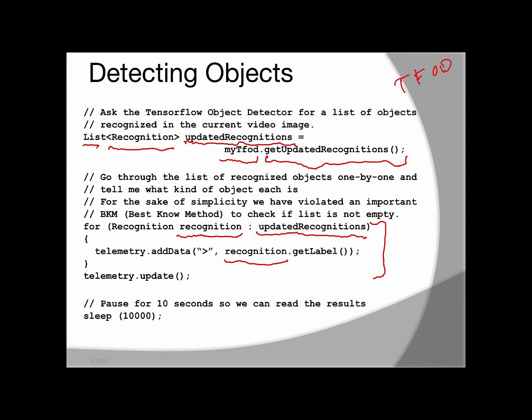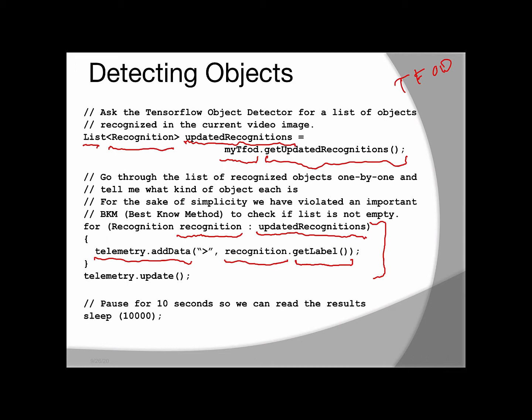And the thing that I'm going to ask for is recognition, tell me what your label is. And the label on that first recognition is going to be silver mineral. And so then I'm going to add that to the telemetry information that I'm sending to the robot controller.